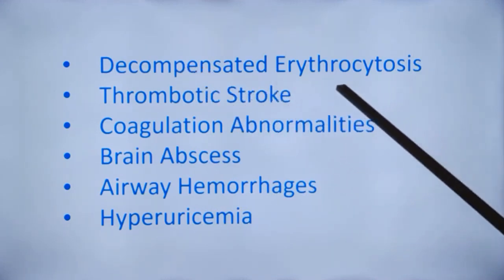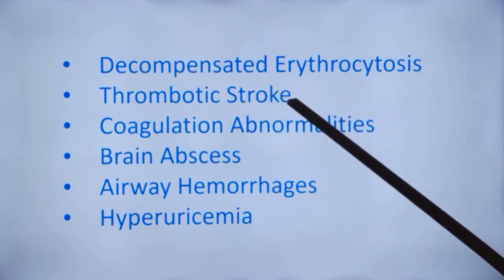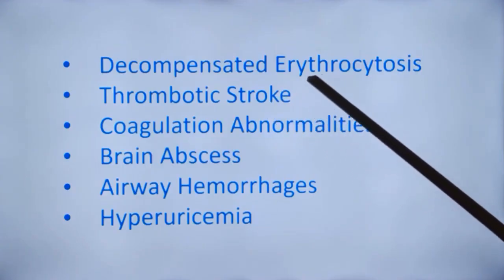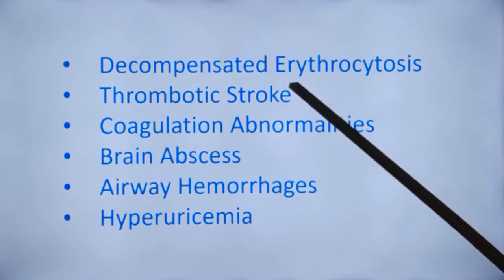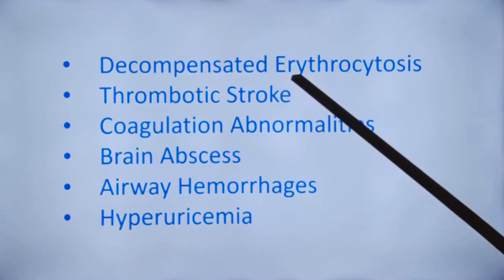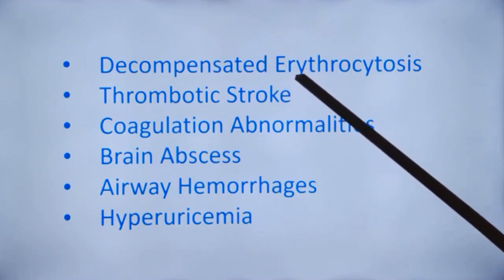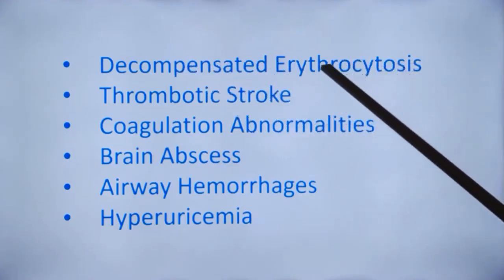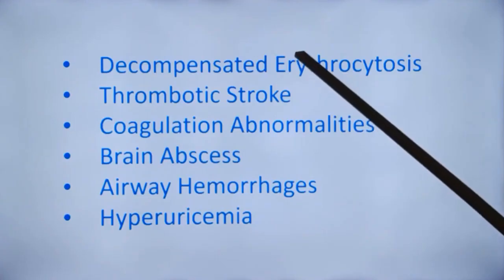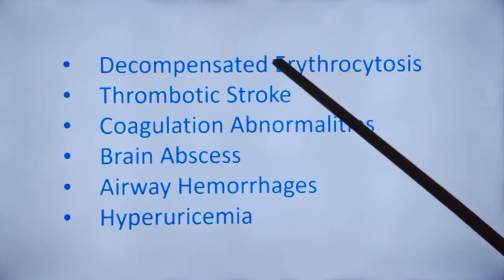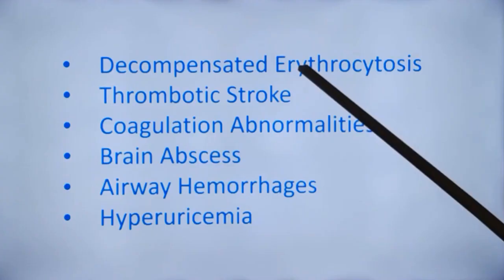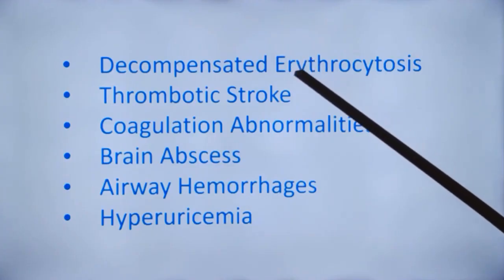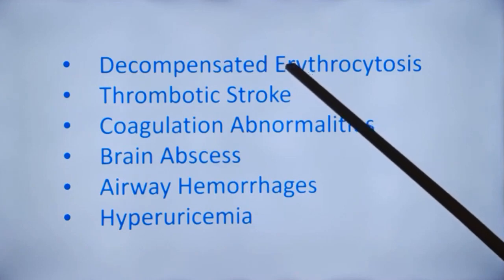Decompensated erythrocytosis is something which we see very often. That is, there is renal ischemia due to clogging of capillaries, which leads to increased erythropoietin secretion, and this causes decompensated erythrocytosis. Another feature is that if you do venesection for removing the excess RBCs to reduce the symptoms of hyperviscosity, there is a temporary improvement.